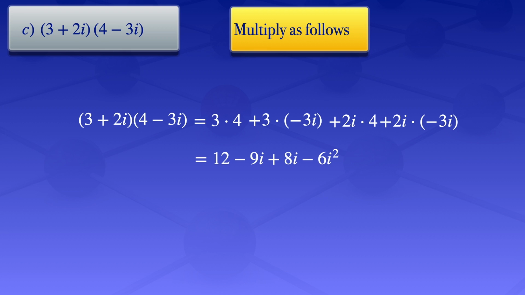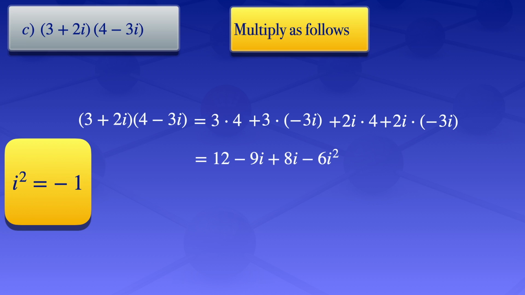Remember that i is an imaginary number, and we have that i squared equals minus 1, just because i is the square root of minus 1. So if we substitute i squared equals minus 1 where we have the minus 6, we'll have minus 6 times minus 1. Then the minus 9i plus 8i gives us minus i.